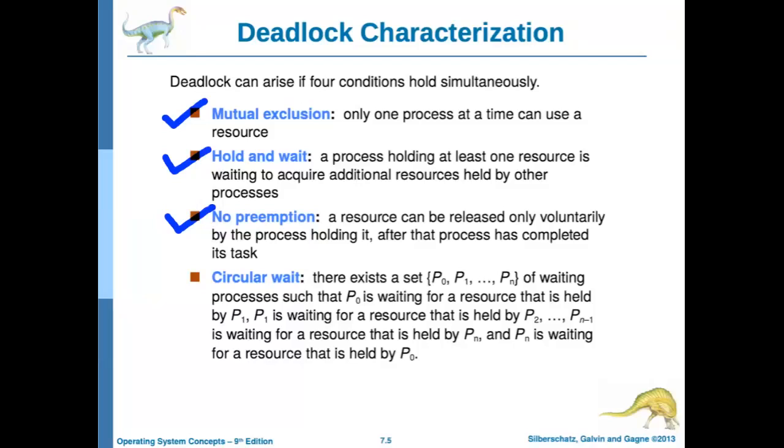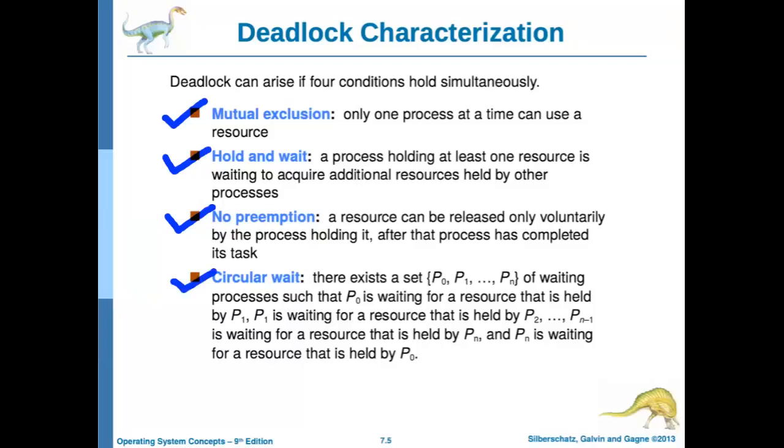And Pn, the last process, is waiting for the resource held by P0. So if it is say 5 processes, P1 is waiting for P2, P2 for P3, P3 for P4, P4 for P5, and P5 is waiting for the first one, P1. This condition is called circular wait.